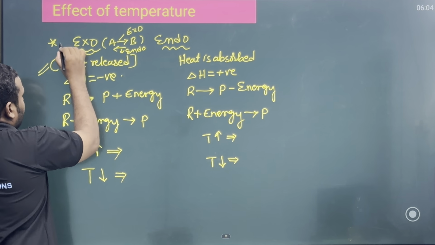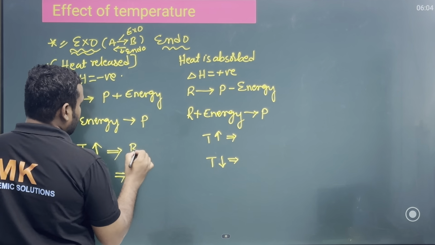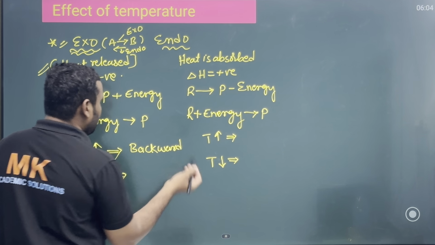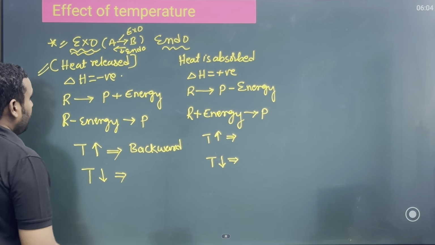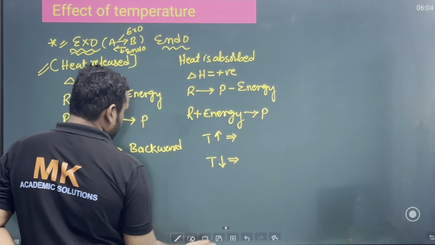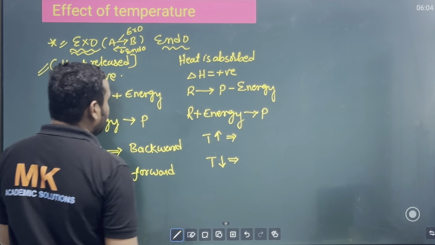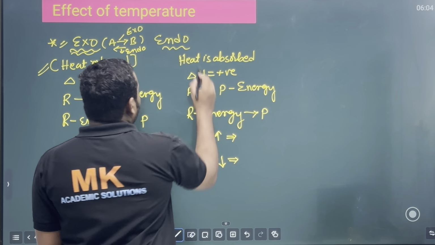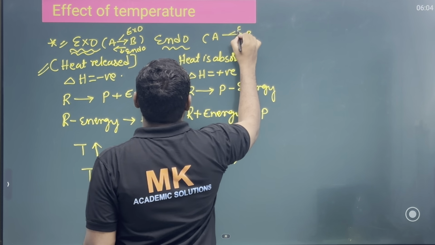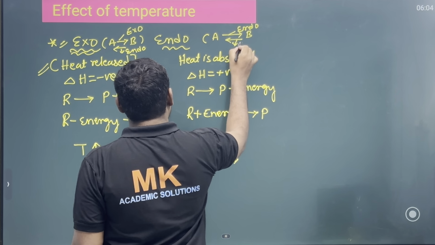So in an exothermic reaction, if temperature increases, backward reaction takes place, backward means equilibrium shifts towards the reactant side. If temperature is decreased, forward reaction is going to take place. Next, in an endothermic reaction, A to B is endo, and automatically B to A will become exo.